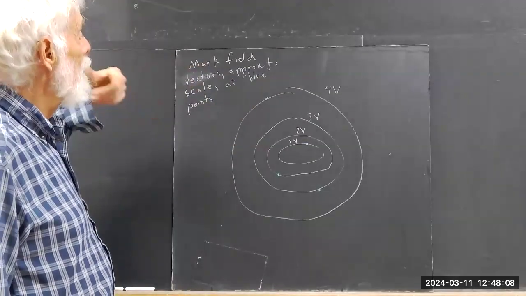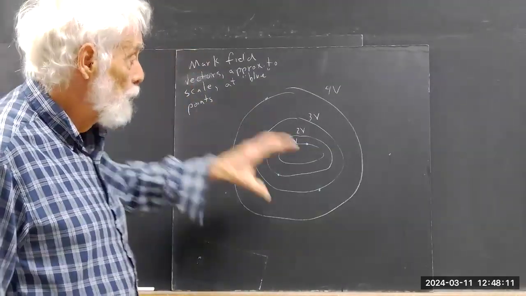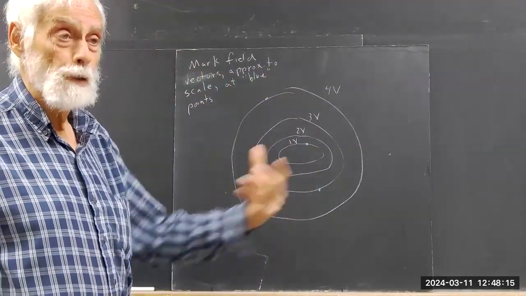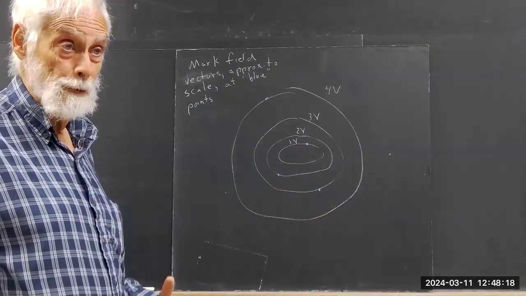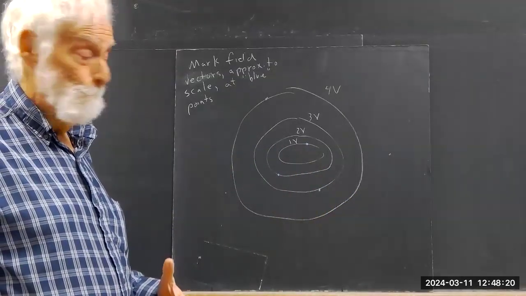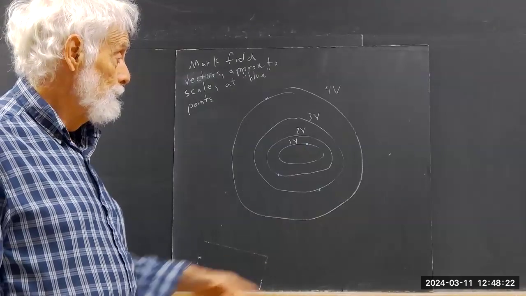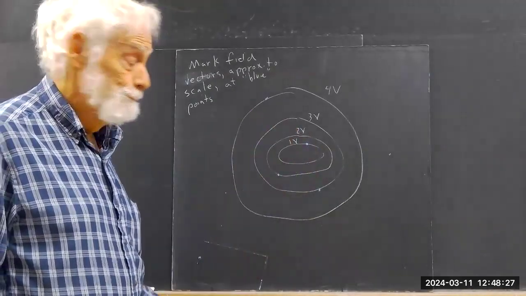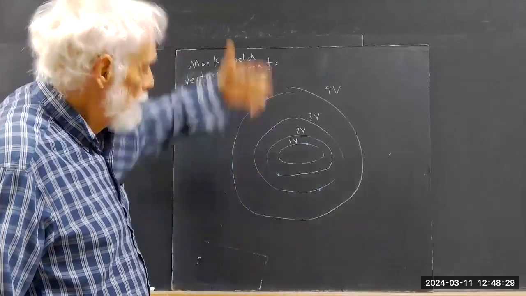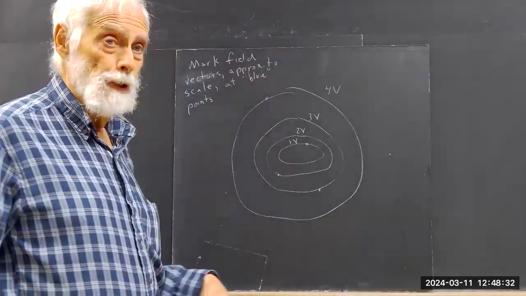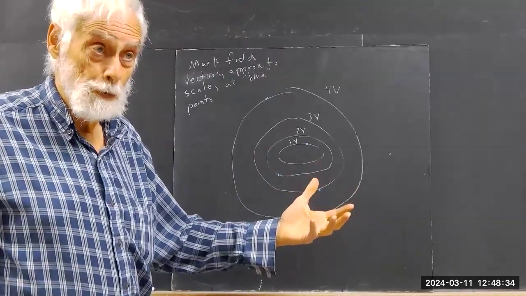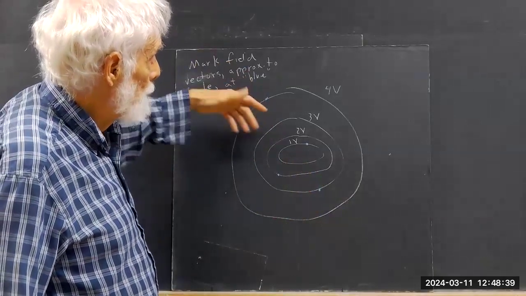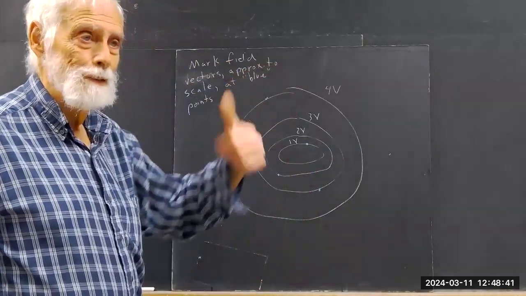So when I said according to the field lines, or rather according to the equipotentials, what should the directions be? It's a good thing I erased that because it doesn't correspond. If you drew the field away from the positive charge, yeah, it's natural. That's what I figured you would do. But it's got to go in the direction opposite the increase in potential.